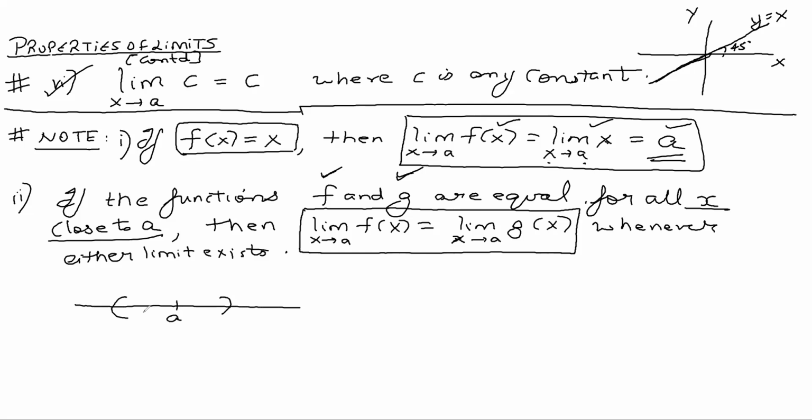In this neighborhood, if f and g are taking equal values, it will mean that the limit as x tends to a of f of x will exactly be equal to the limit as x tends to a of g of x. That means, guys, if the functions are equal, their limit value will also be equal.